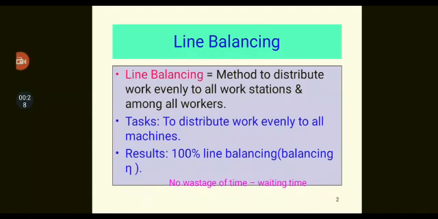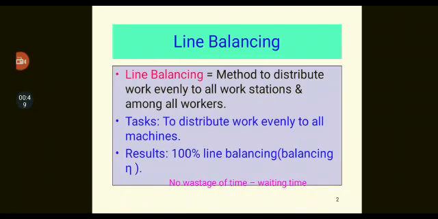Coming to the introduction of line balancing. What is line balancing? Line balancing is a method to distribute work evenly to all workstations and among all workers.